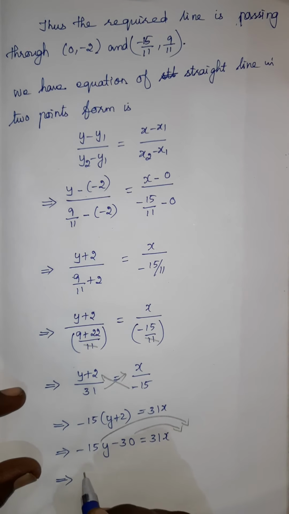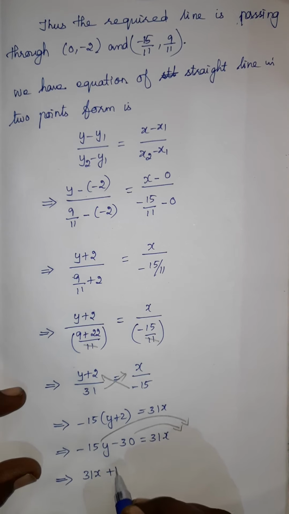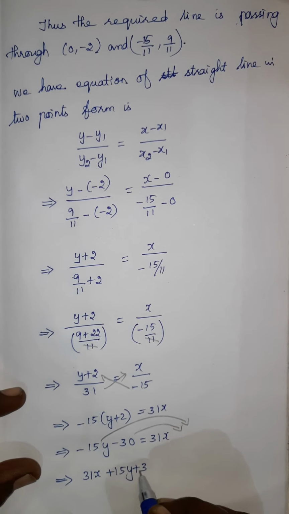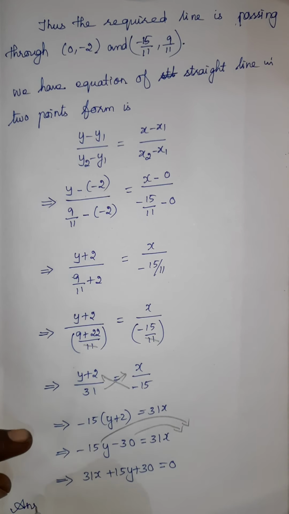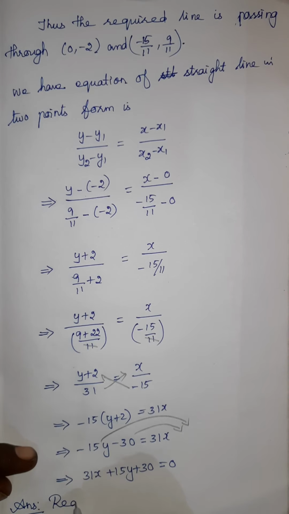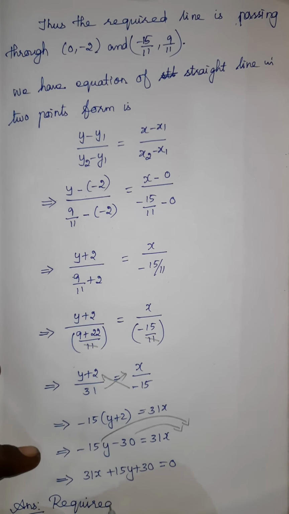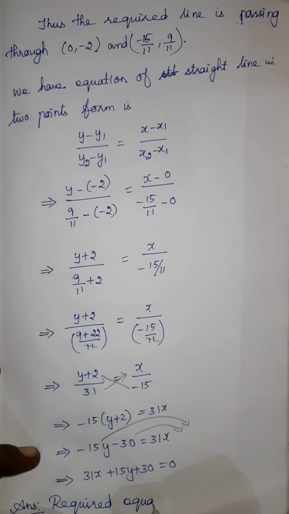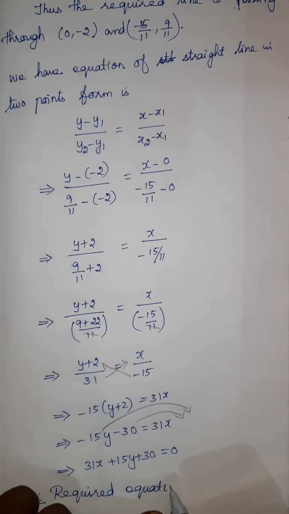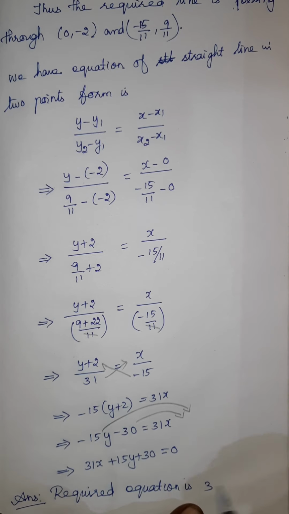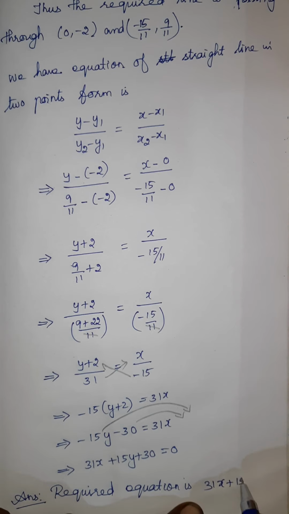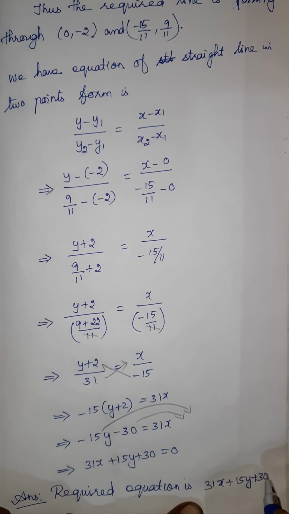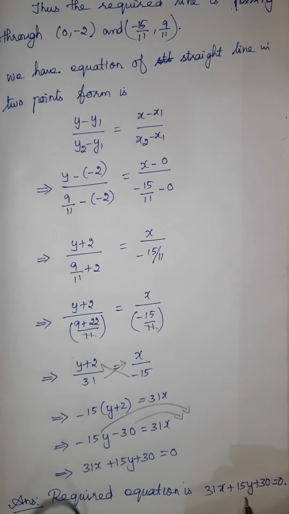So we will get 31x plus 15y plus 30 equal to 0. That is the standard form of the required equation. So we can write the answer. The required equation is 31x plus 15y plus 30 equal to 0. Are all clear?